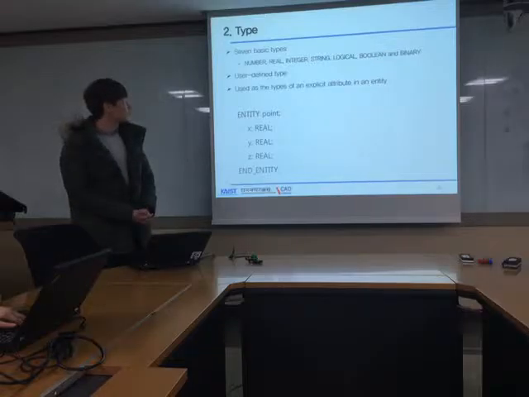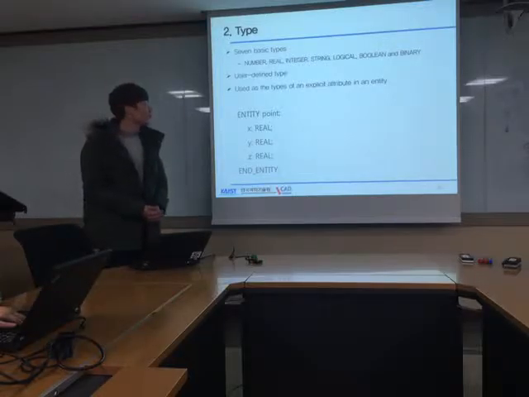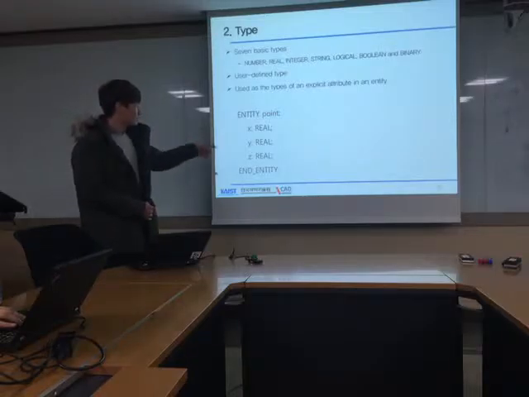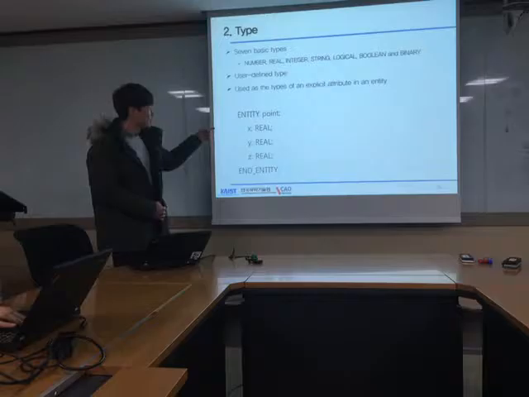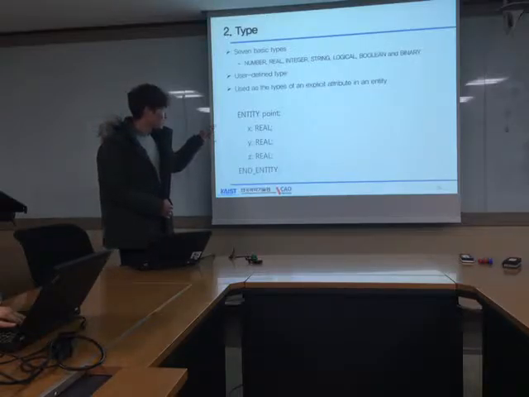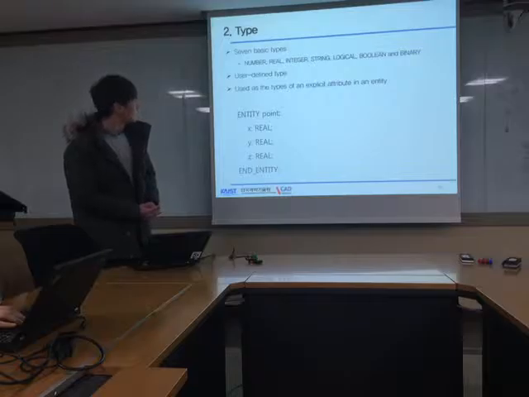And there is another thing, user-defined type, which is used as the type of an explicit attribute in an entity. As you can see, point is an entity, and it is composed of real x, y, and z, and x, y, and z are of real type.